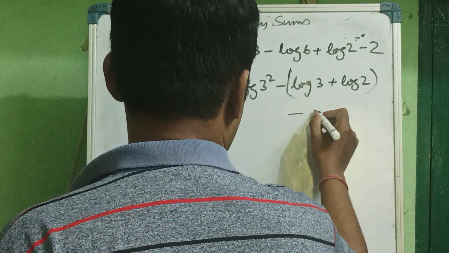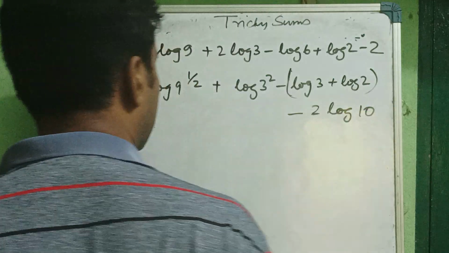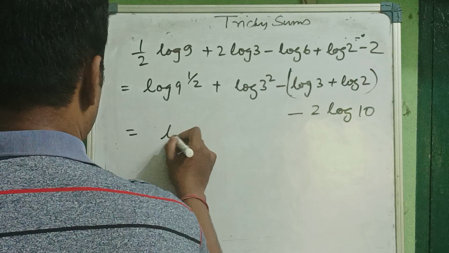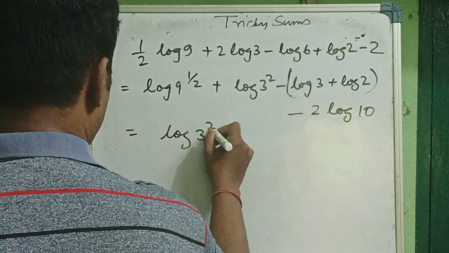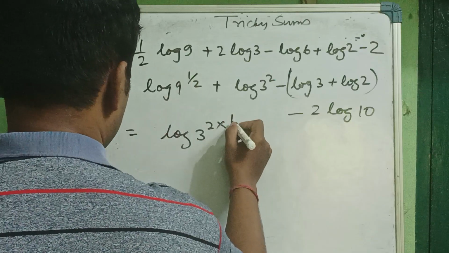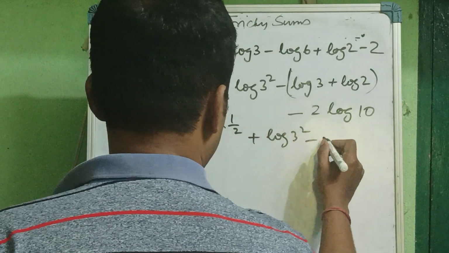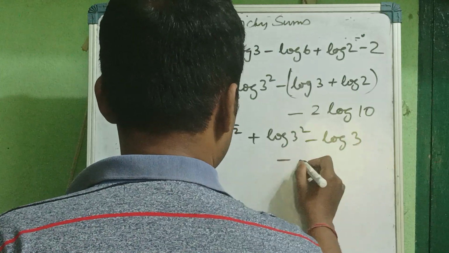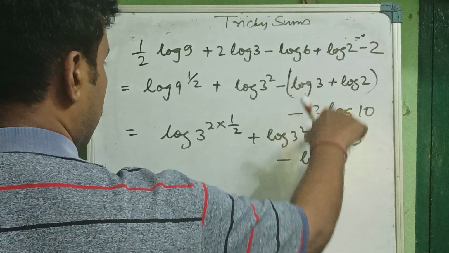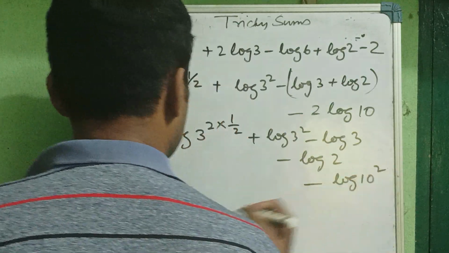And 2 is 2 log 10, because log 10's value is 1. Now log 3 square equals 9, 3 square changes to 9, 1 by 2 log 3 square minus log 3 minus log 2, because when the bracket opens, the minus changes the signs, and this is log 10 square.